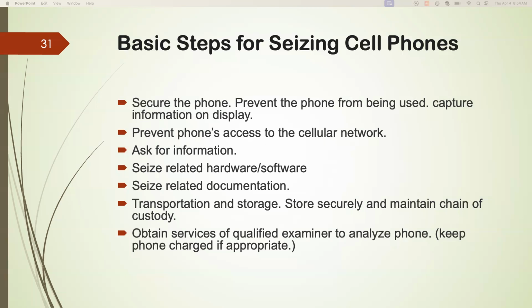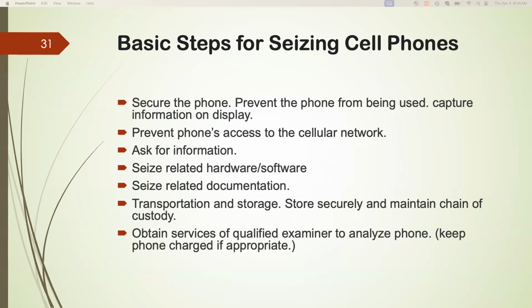The other thing is, sometimes while you are transferring mobile phones, they can run out of battery, right? And they can die down. If a mobile phone dies down, there are some issues that we will discuss shortly. And lastly, we have to make sure that whoever is performing the analysis on the mobile phone is qualified.